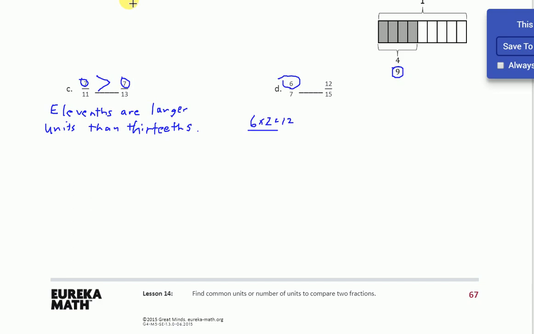Remember, whatever I do to the numerator, I have to also do to the denominator. So let's see what happens here if I do then 7 times 2. That equals 14. And look at that. I very sneakily have changed this 6 sevenths into 12 14ths. And now they both have 12. And what's bigger, 14ths or 15ths? You're right. The 14ths are larger than the 15ths. So there we go.